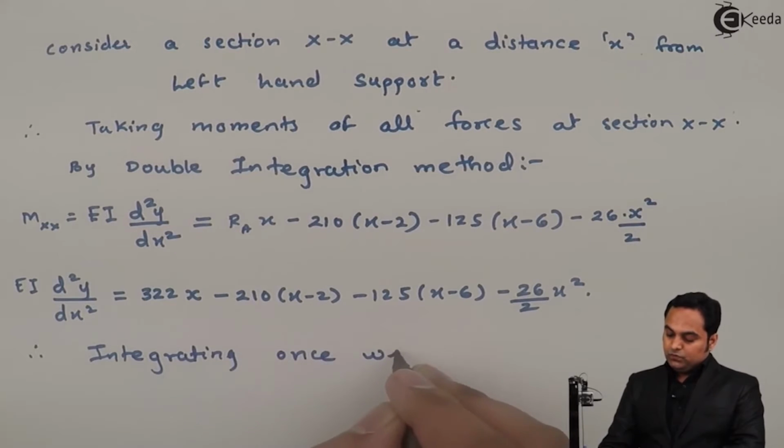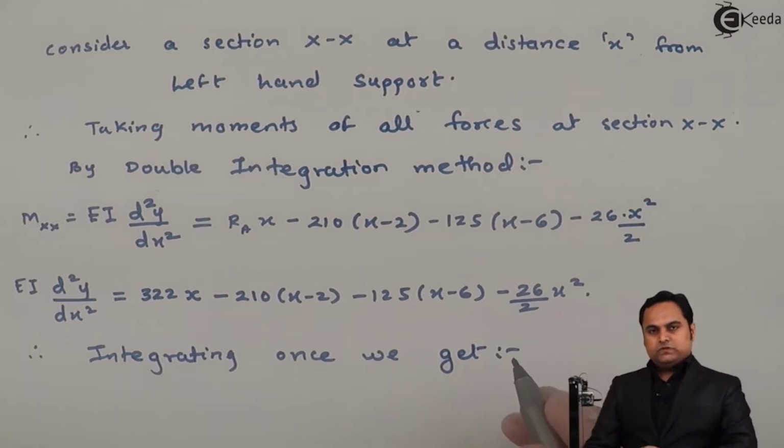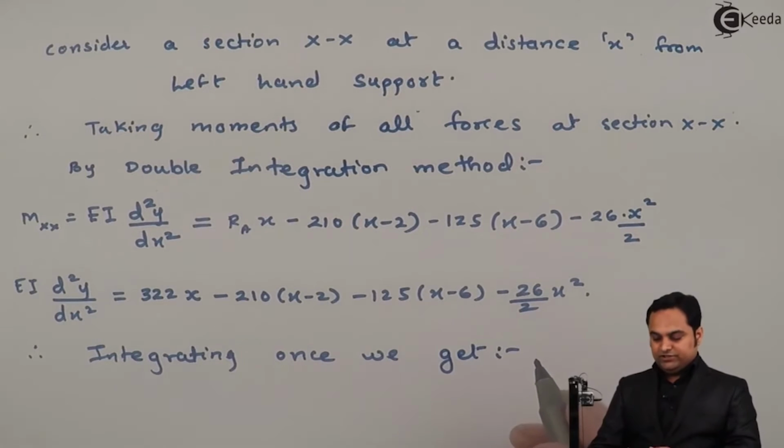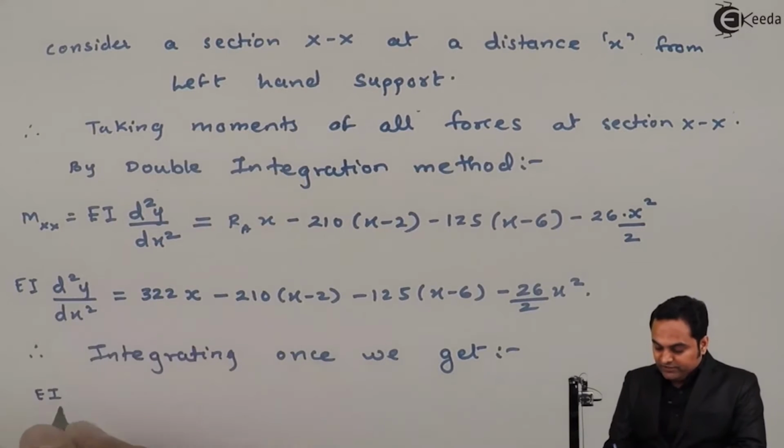Because we are using the double integration method, I'll integrate it for the first time and then for the second time. So here EI d square y by dx square becomes dy by dx.